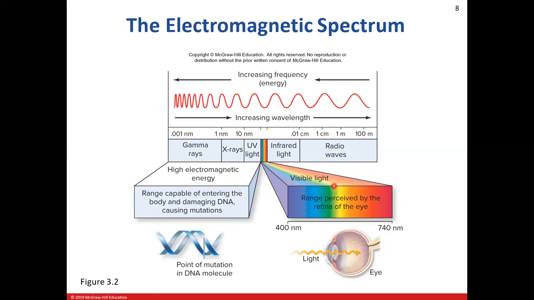And so depending on the wavelength that an object gives off, that indicates the color that our nerves and our brain then will interpret. Once we get outside that, you'll see infrared light and radio waves. The larger they get, obviously the less damaging they're going to be.